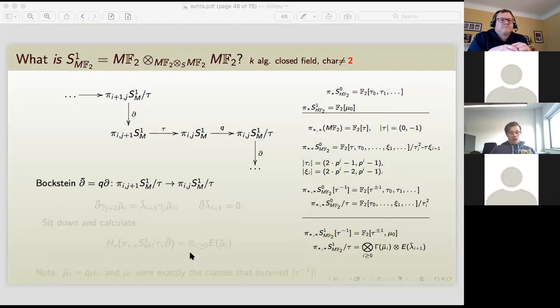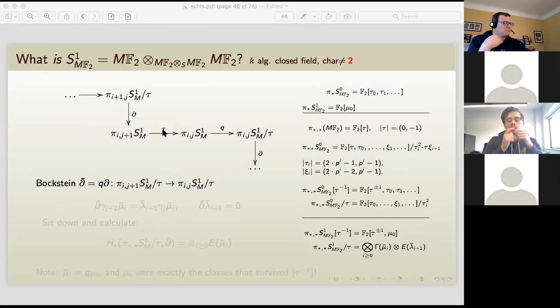Let's just look at what is multiplication by tau. And I do know the names for some generators. M here is just short for MF2. So I do know the names of some generators in Matific Hochschild homology, and I recognize some of them in the mod tau situation.